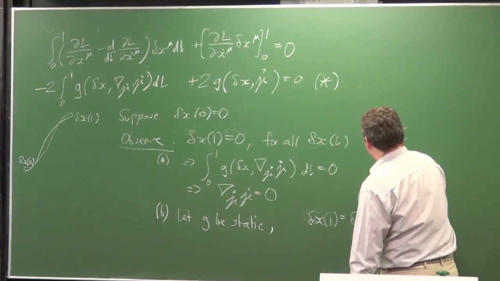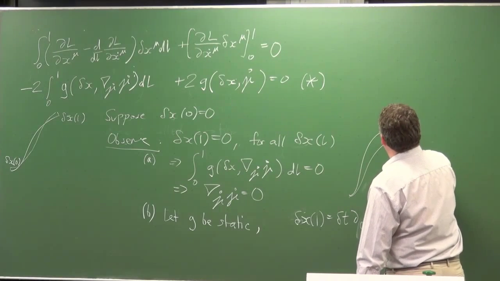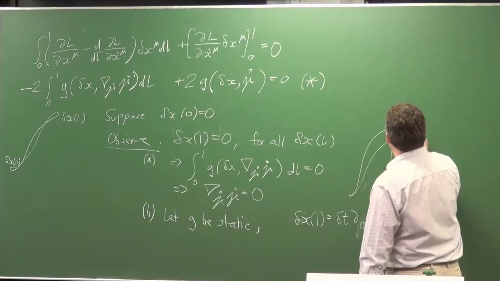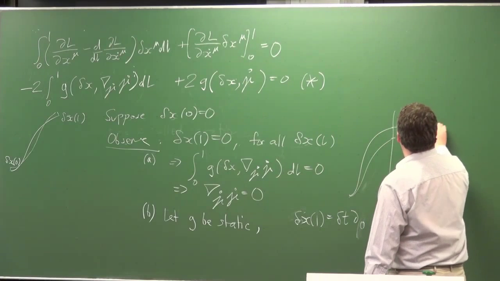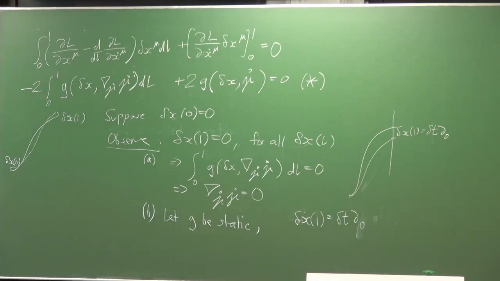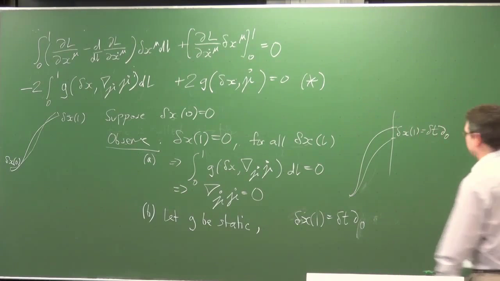All the variations start at the same point, but at the parameter value 1, the variation is just in the time direction. Of the Killing vector field, yes. Exactly. So let's look at star again. What does star imply?